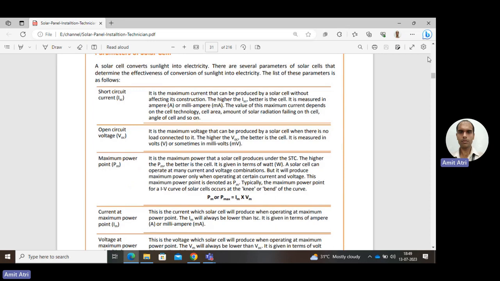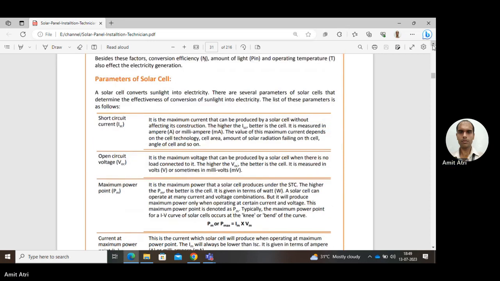Now some of the parameters of a solar cell. The first parameter is short circuit current. What is short circuit current? It is the maximum current that can be produced by a solar cell without affecting its construction. A higher value of the short circuit current is a positive measure; higher value means a better cell.